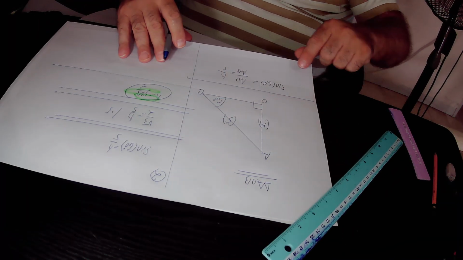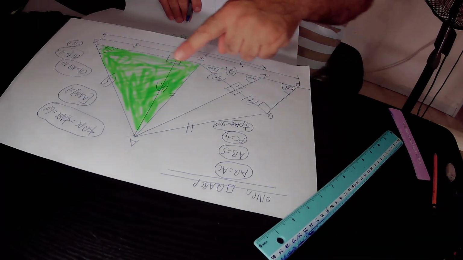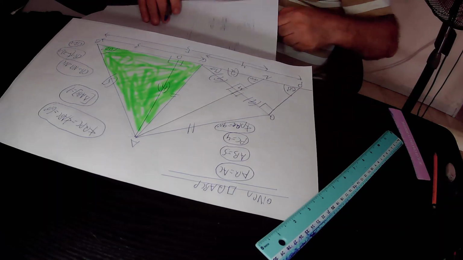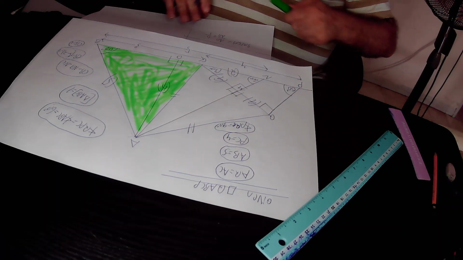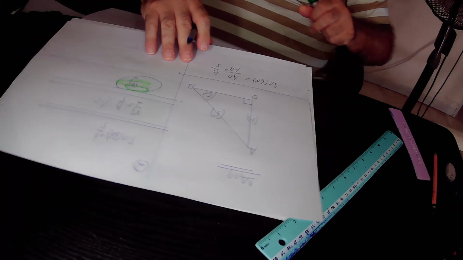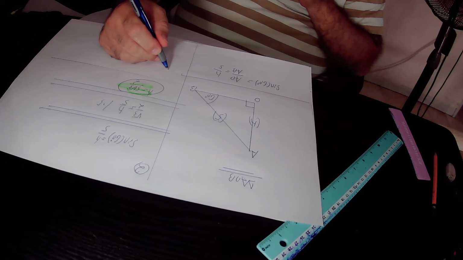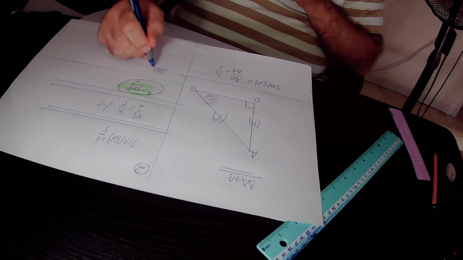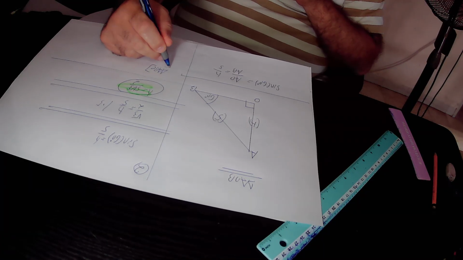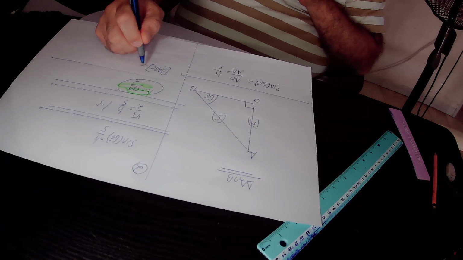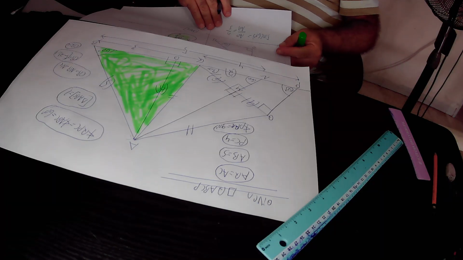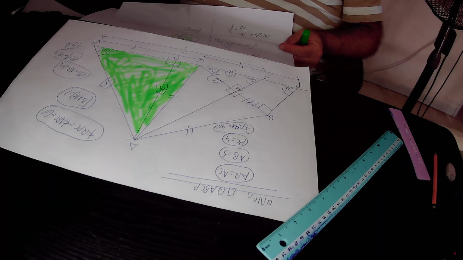Our task is to find the area of this green triangle, triangle ABC. So what is the area of triangle ABC? Actually, we know that the area of any triangle equals the base of the triangle times the height to the base over 2.